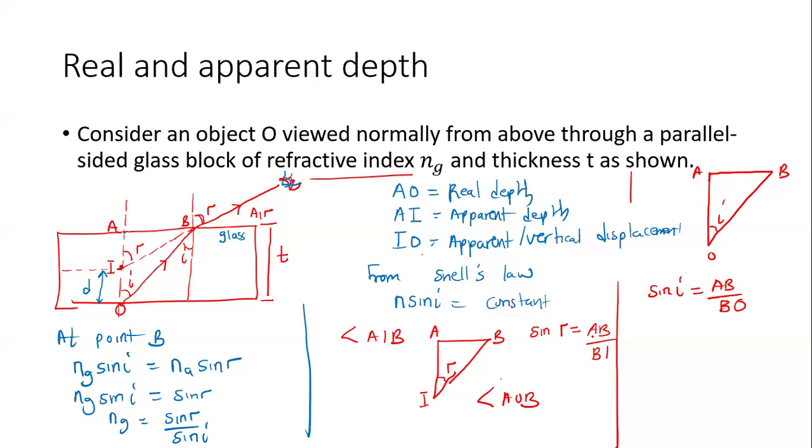But when we go back, we are going to notice that our N is going to be sine R over sine I. So when we substitute sine R, we got AB over BI, and we are dividing by sine of I, which is AB over BO. So this will give us AB over BI times BO over AB.